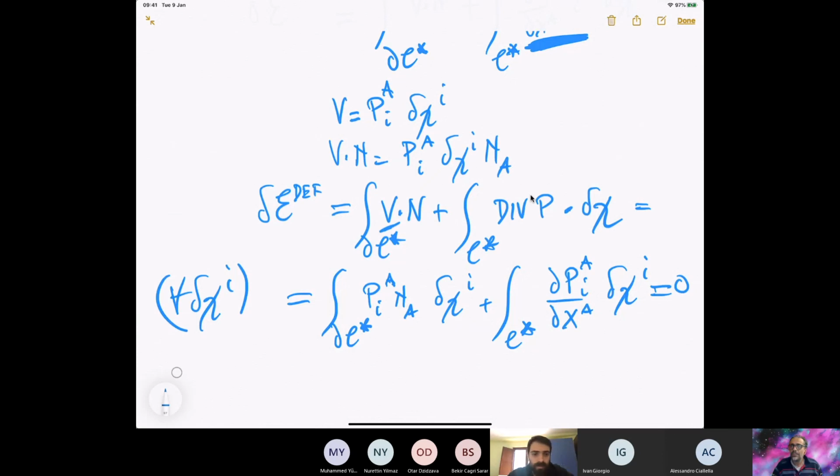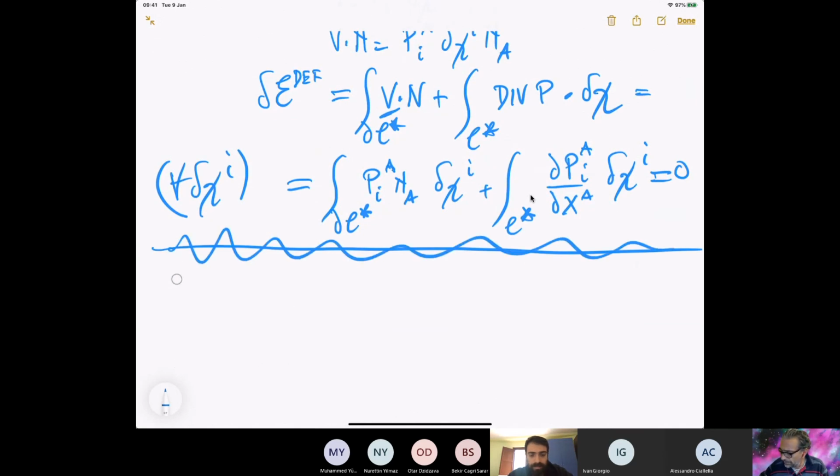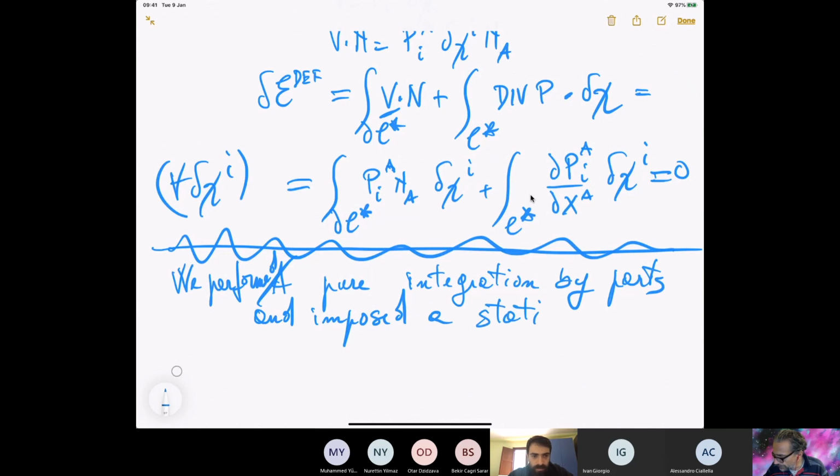Now, what we did is a pure integration by parts, because we applied the standard techniques of integration by parts, and we imposed a stationarity condition.